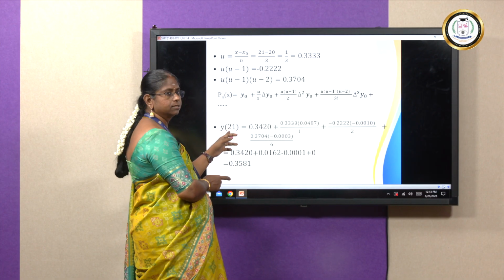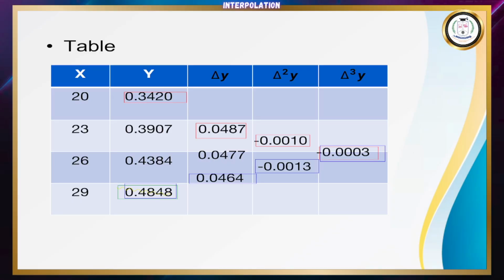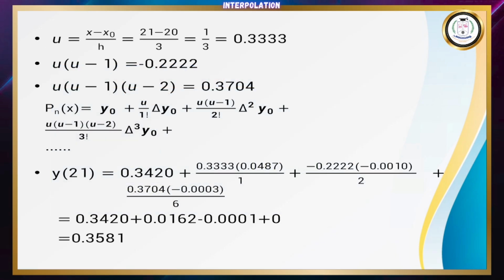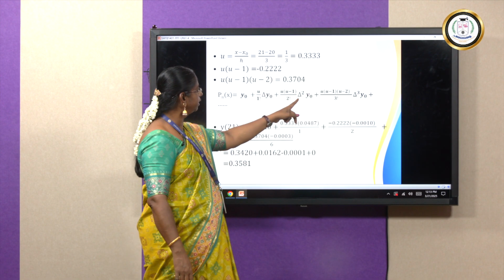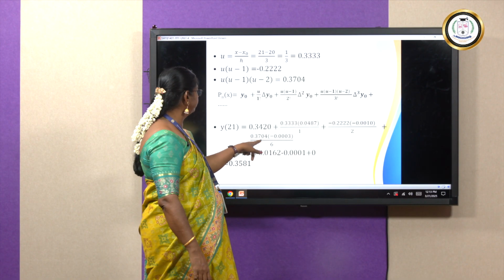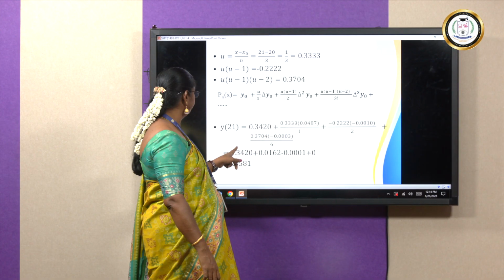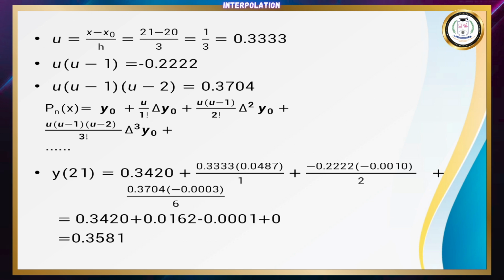So y of 21 is equal to y naught, which from the table is 0.3420, plus u into delta y naught by 1 factorial, then u into u minus 1 by 2 factorial into delta square y naught, then u into u minus 1 into u minus 2 by 3 factorial, and 3 factorial is 6, into delta cube y naught. So we have to simplify this step and we will get the answer 0.3581.